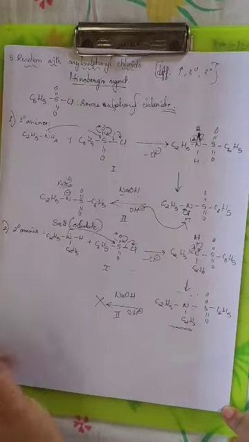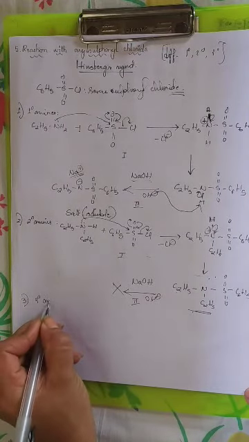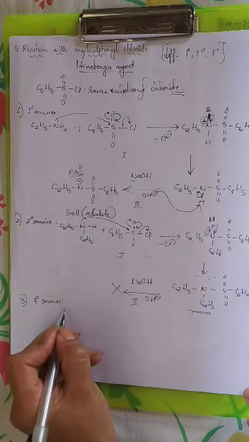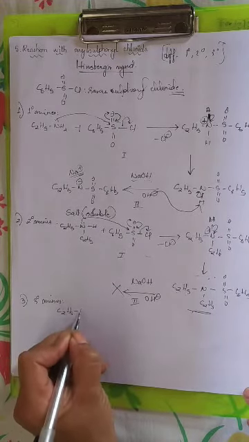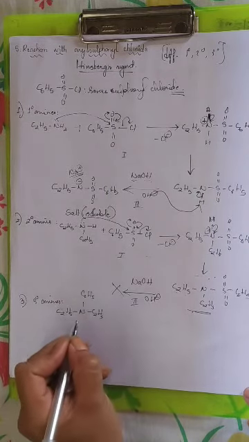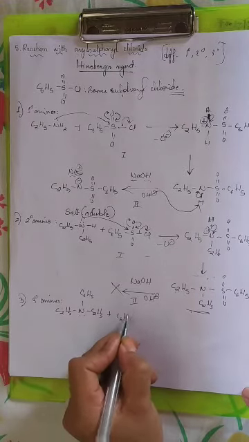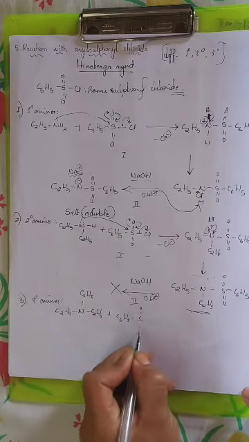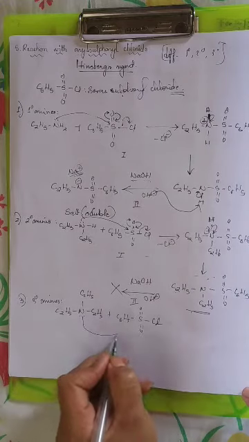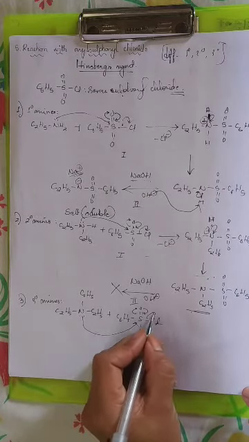Now let's check the third one, the tertiary amines. In tertiary amines, we all know that there is no hydrogen, C2H5 and C2H5. Now the lone pair. Let's assume that the first reaction took place: the nitrogen atom donates, this goes up, this comes down, and then this leaves.